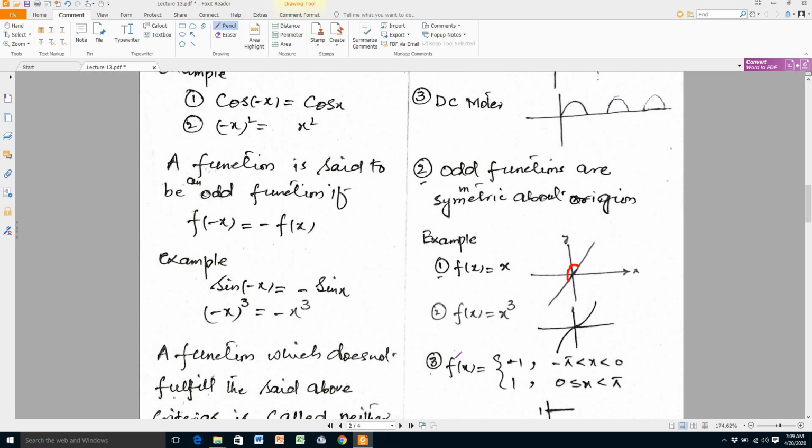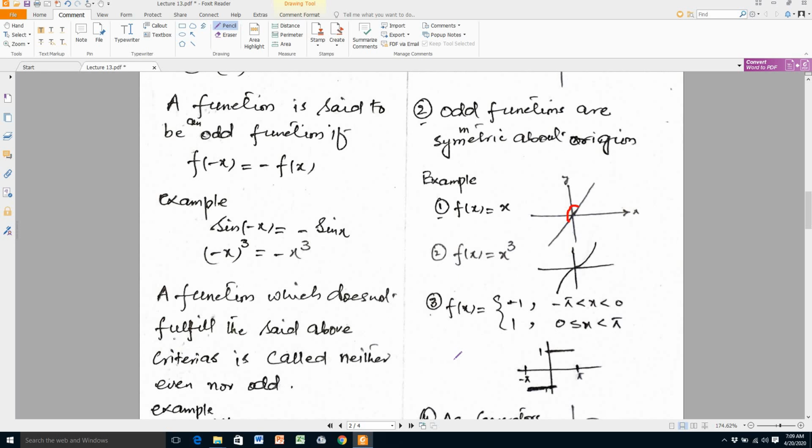I take another example relating to a piecewise function, that is -1 and 1. The function is -1 in the interval -pi to 0, and the value of the function is 1 from 0 to pi. Here I take intervals from -pi to 0, this is 0, and from 0 to pi.